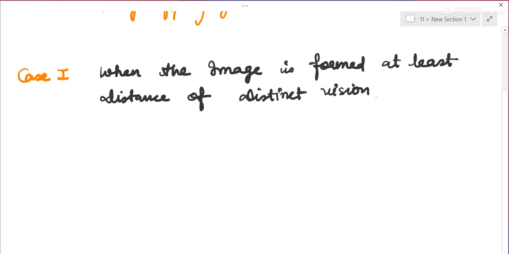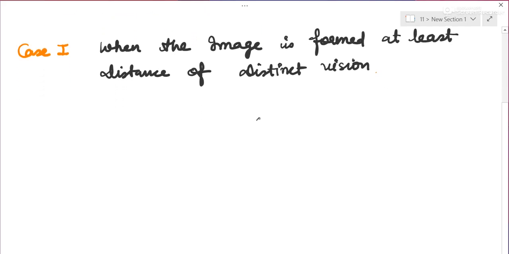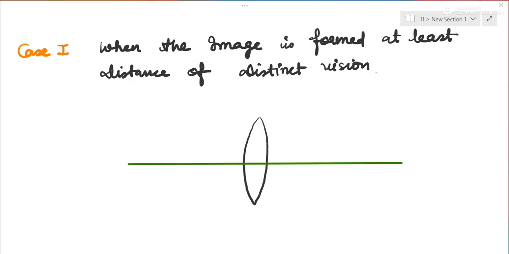So let us see this case. We have to make a proper ray diagram. Okay, so we can label focus, optical center, focus. Now keep the object between optical center and focus. Then the first ray, parallel, goes through focus. The second ray goes through optical center.